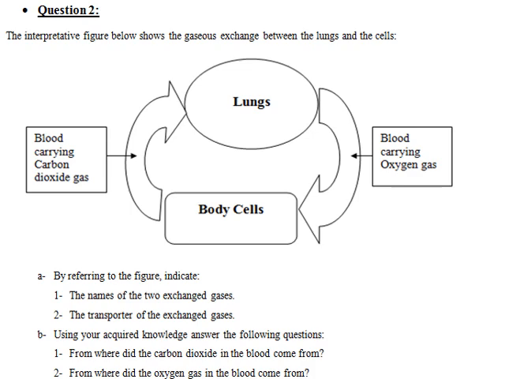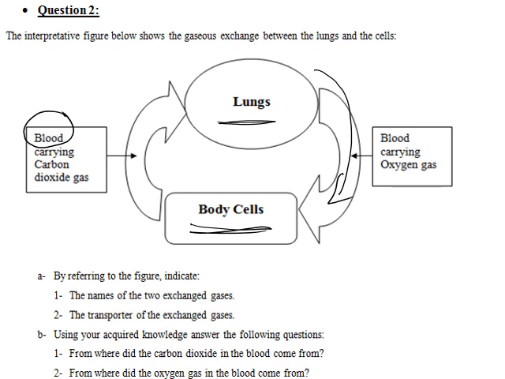Question number 2. The figure below shows the gaseous exchange between the lungs and the cells. Here we have the lungs and we have the cell. Here the blood carrying carbon dioxide gas. This blood is the transporter which carries the gases, which are carbon dioxide and oxygen, while another path is here where the blood carrying oxygen gas is delivered to the body cells.